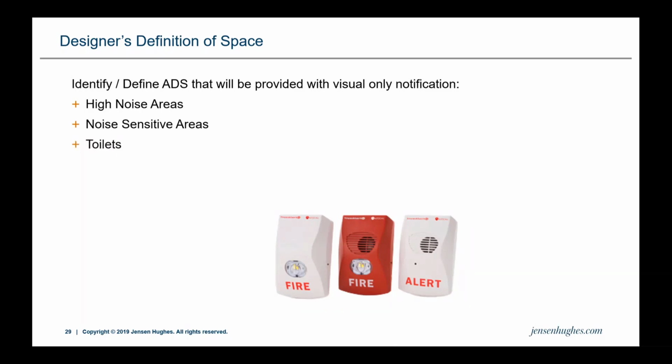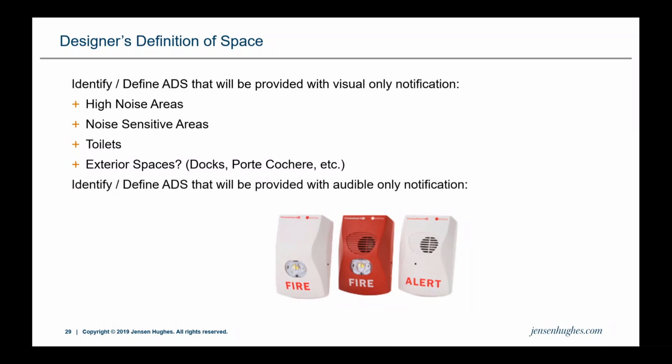It almost always includes toilets and restrooms, but it might also include exterior spaces like docks or porte-cocheres or other things where there's no way you're going to overcome the ambient noise of an idling truck or an idling car, for instance. So again, it's nice if you can define those spaces right off the bat and get those visual only notification spaces kind of out of the way.